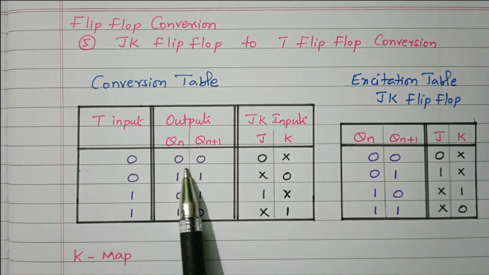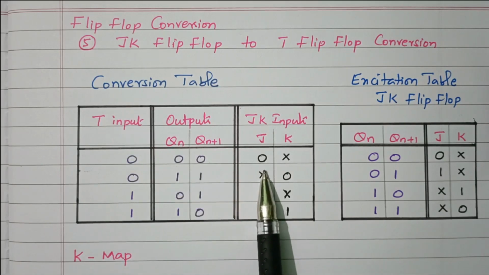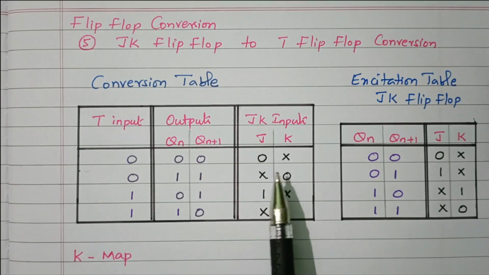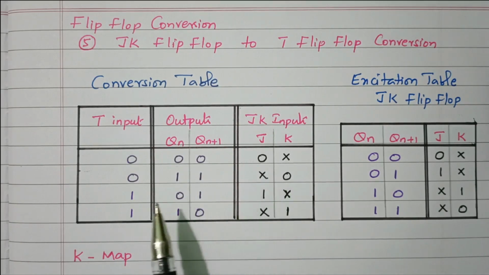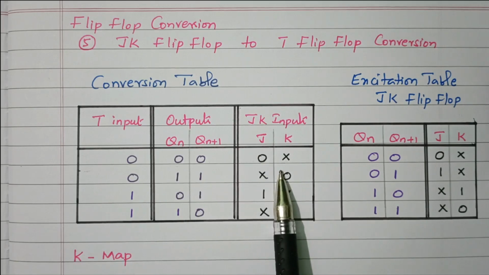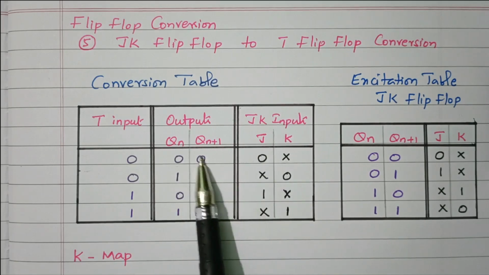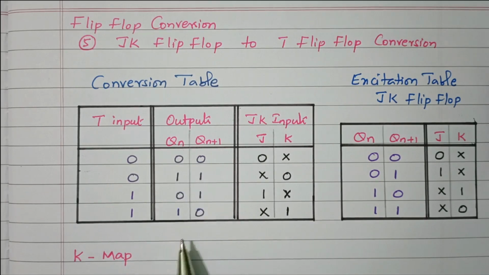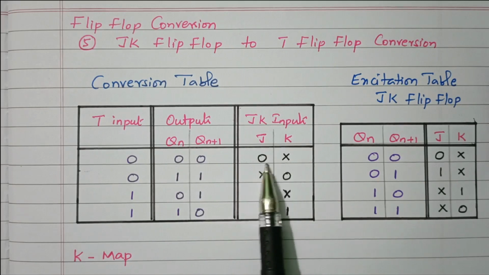Based on this present state and next state, we need to give the JK flip-flop inputs because we are going to convert the JK flip-flop into a T flip-flop. The JK flip-flop input is given in such a way that it satisfies this truth table. Then how do we decide, for 0 0, what the input to the JK flip-flop is?